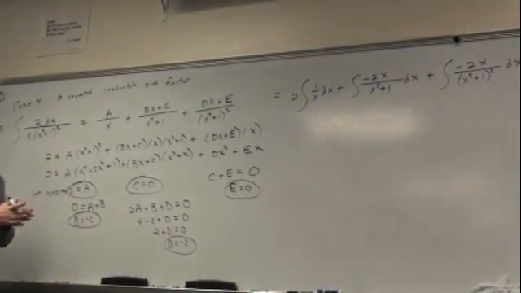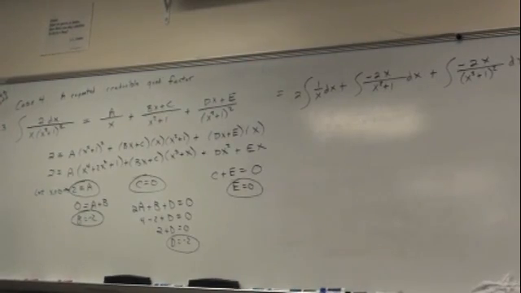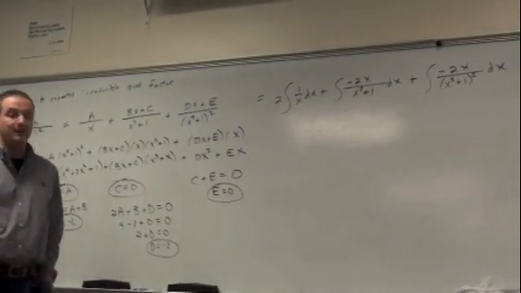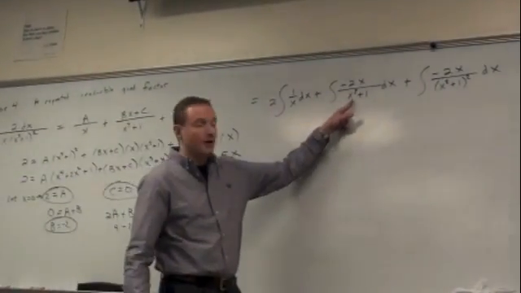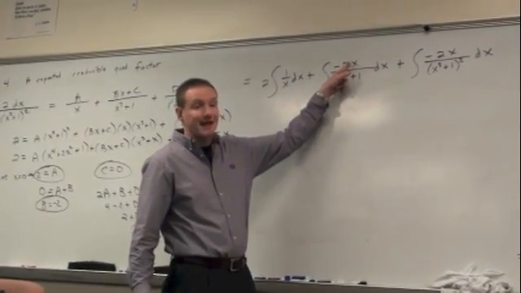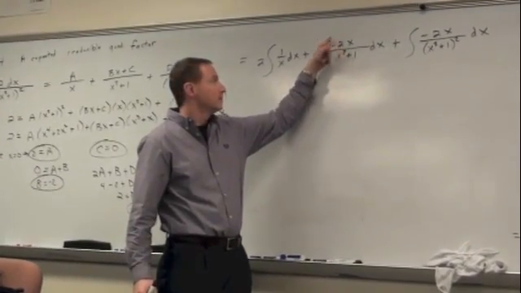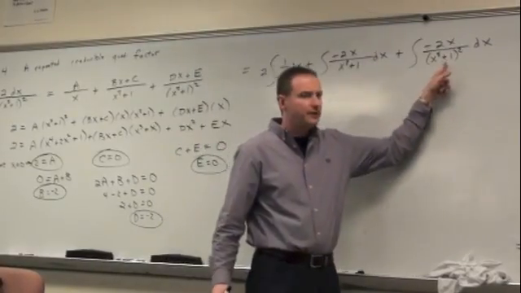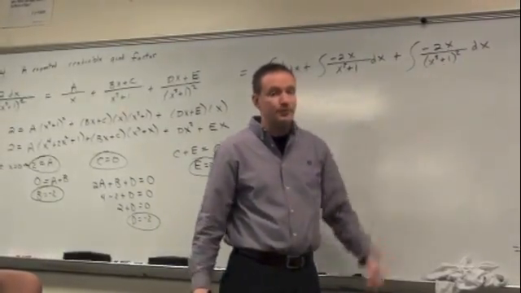So I look at this. The first term, easily integrable, 2 natural log of x. The next term, easy to integrate. The derivative of the denominator is 2x. We can manage that. It's just the negative of the derivative, so that can be brought out. Call it the natural log of the denominator. This term, that's more of a problem.